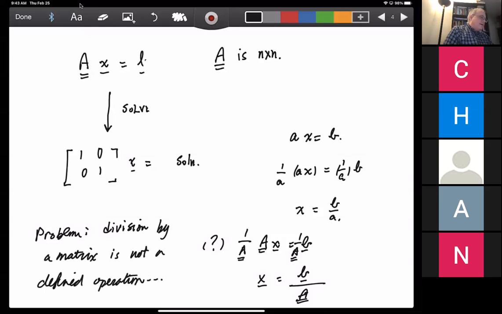Right, so how did we get rid of that coefficient? We can't just divide by this matrix coefficient, but we somehow get the identity matrix times X, which is just X, and that's going to be our solution. How did we get to the identity matrix here?